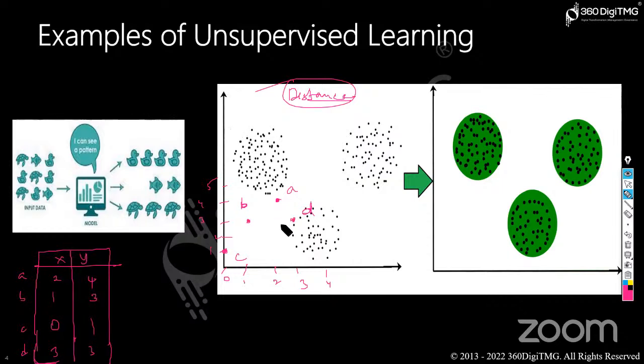So I'm talking about AB, this is the distance, AC, B and C, A and D. Similarly, I want to measure B and D, C and D. All these pairs, I'm trying to measure the distances between them. How do I measure the distance?